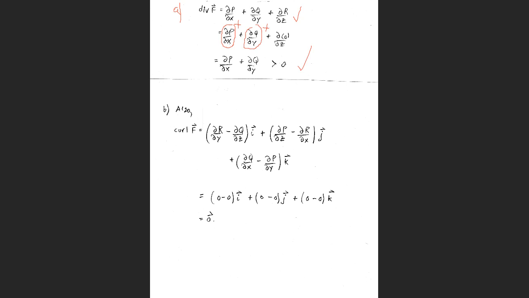Intuitively, that makes sense because the net rate of change is positive. Divergence measures the tendency of the fluid to diverge from a point. As you go out from the origin, the flow is getting greater. So divergence is positive.